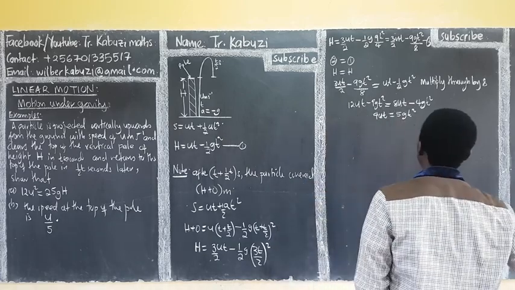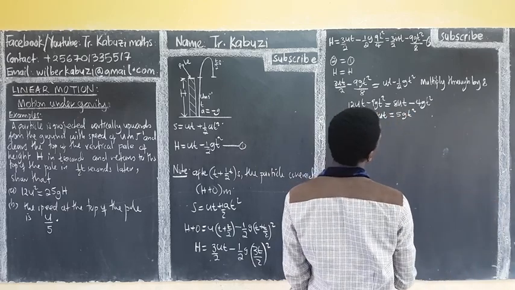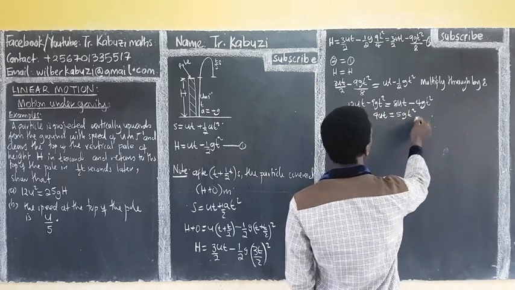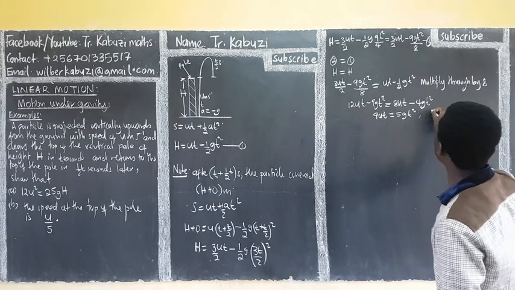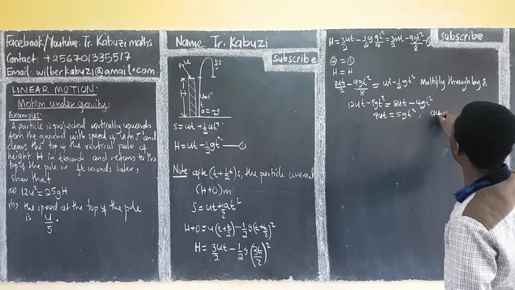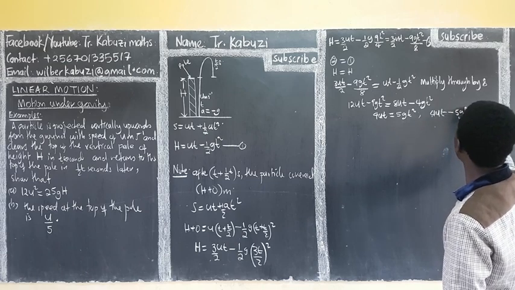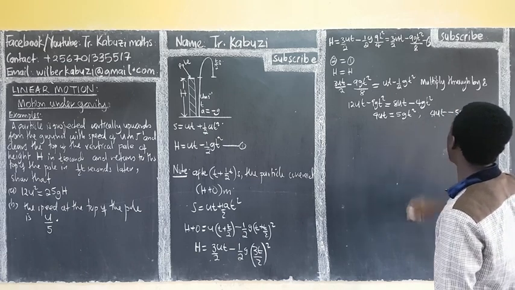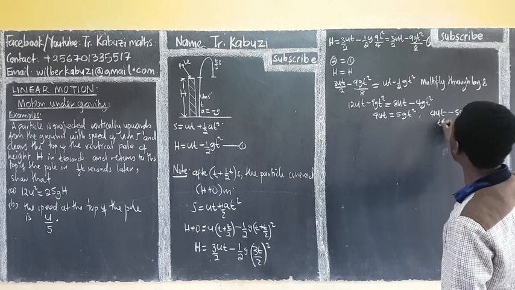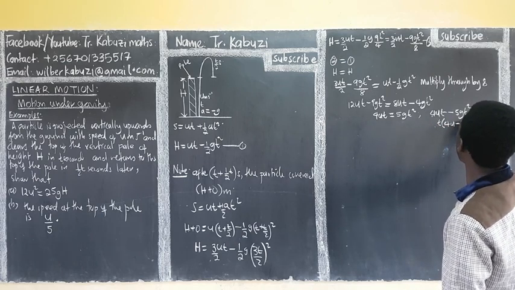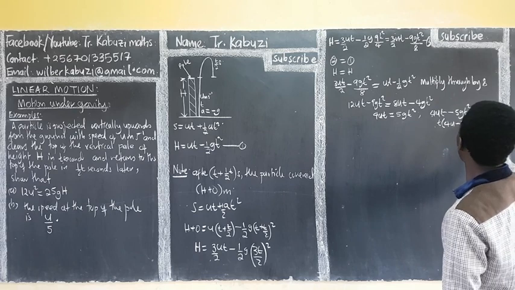When I bring everything to one side, this will be the same as 4ut minus 5g t squared equal to 0. Factorizing out t, I'll be having t times 4u minus 5g t equal to 0.